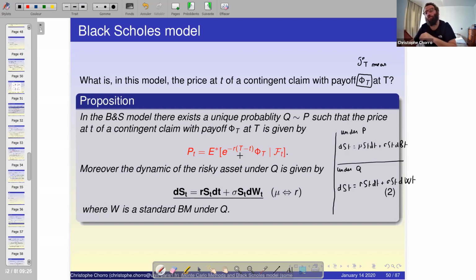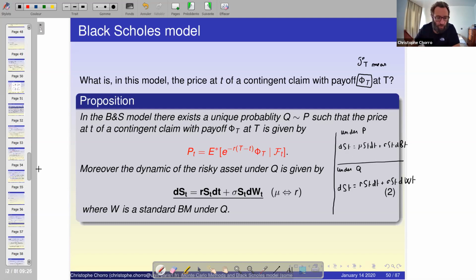You see through these expressions that a price is given by an expectation or a conditional expectation where the underlying dynamic is perfectly known. And that's why, in general, it's not that complicated to use Monte Carlo methods in order to price financial products or contingent claims in the framework of the Black-Scholes model.